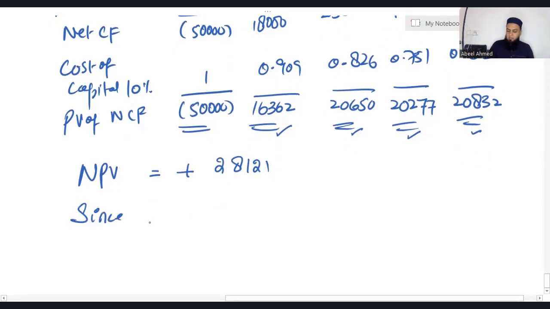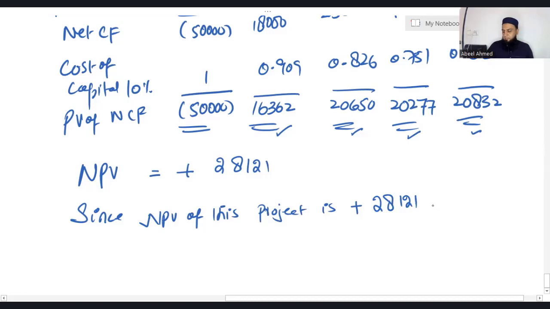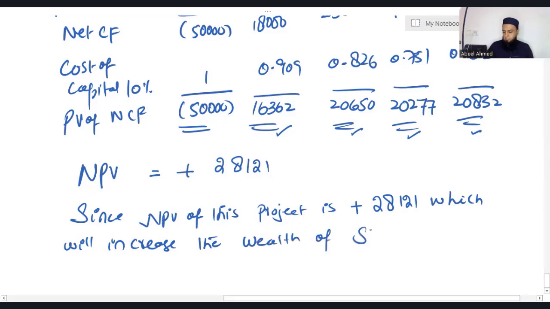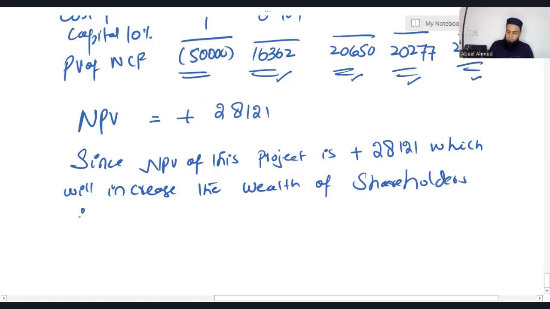So since NPV of this project is positive, 28,121, which will increase the wealth of shareholders, therefore the organization should opt for this project.